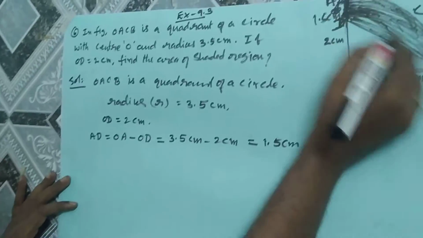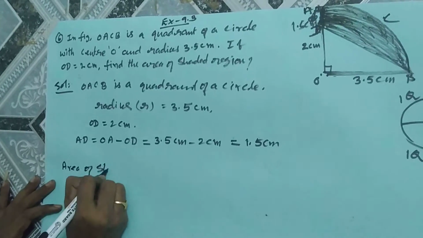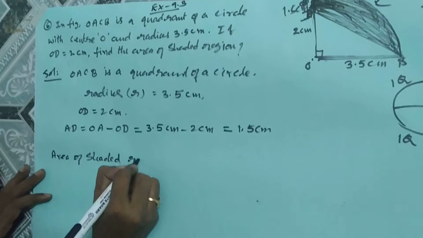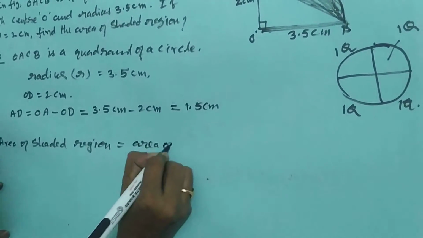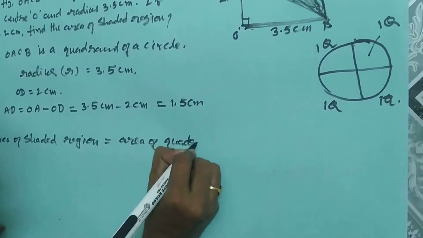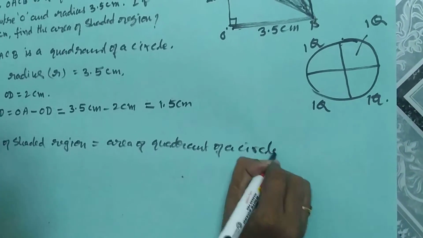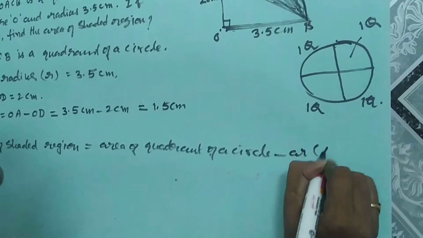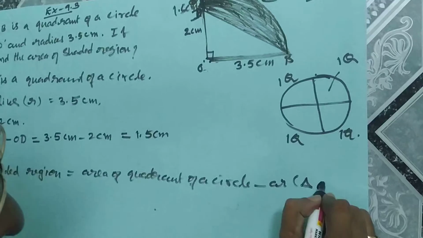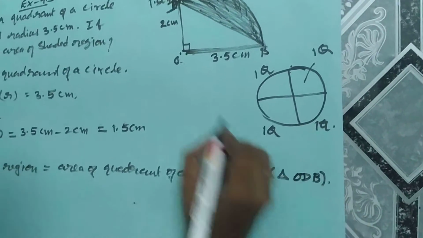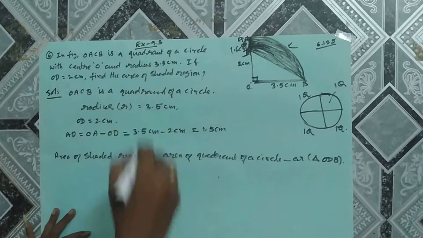Now we have to find the area of the shaded region. Area of shaded region equals area of quadrant of a circle minus area of triangle ODB. At the center it is 90 degrees, so it is a right angle triangle.